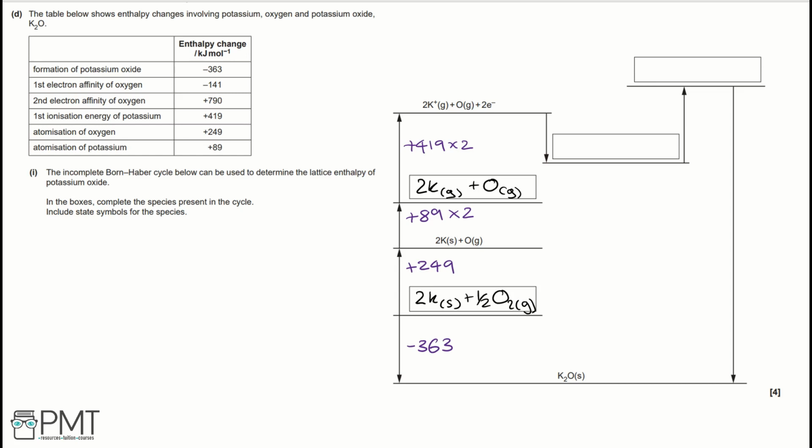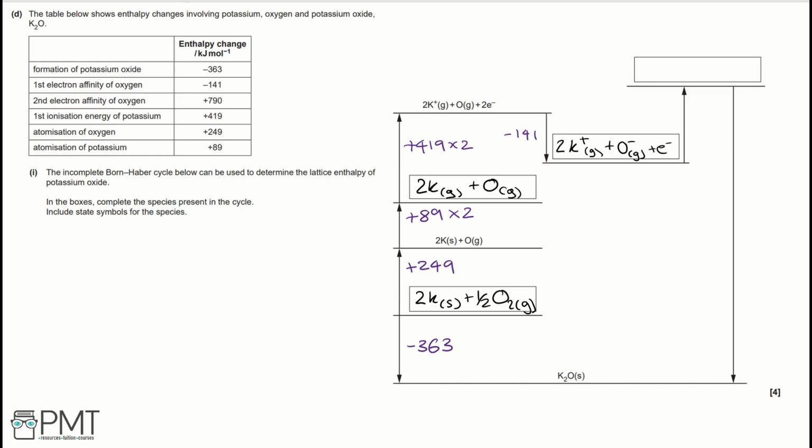Following the cycle around, our next equation, we're going to have 2K plus as a gas, and then an O minus also in a gas state and 1 electron, because what we've done is conduct the first electron affinity of oxygen, where we've made oxygen have a negative charge. So labelling this arrow, we would label it as the first electron affinity of oxygen, and that is minus 141.